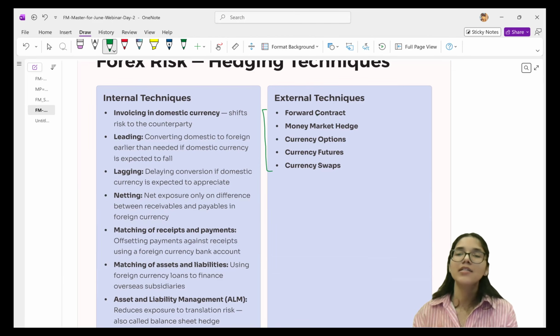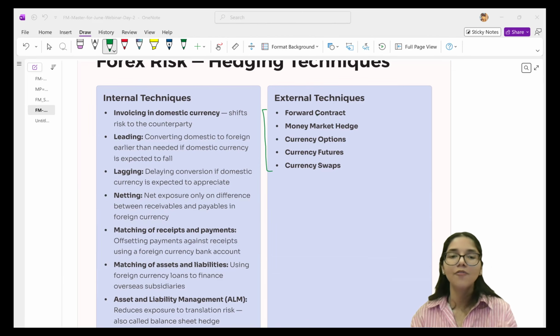No matter whatever is the rate that is prevailing in the market, we will exchange our payments on this particular rate. So everything is decided today. But does the transaction take place today? No, the transaction takes place some date in the future.